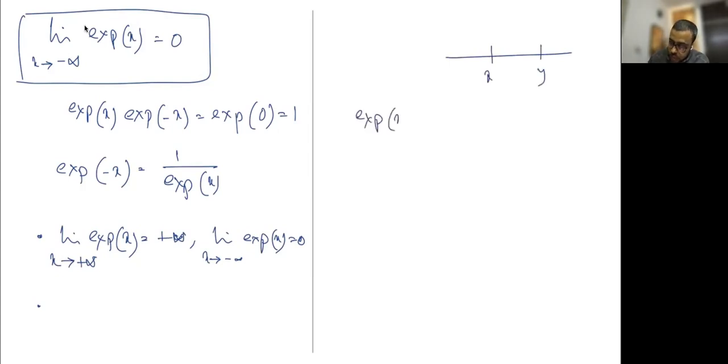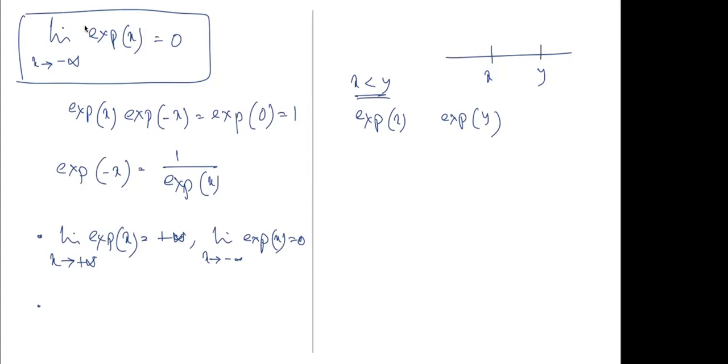Okay, so let's see if we can compare exponential x and exponential y if x is less than y. Can we compare them? It depends, I think. Let me elaborate a little.